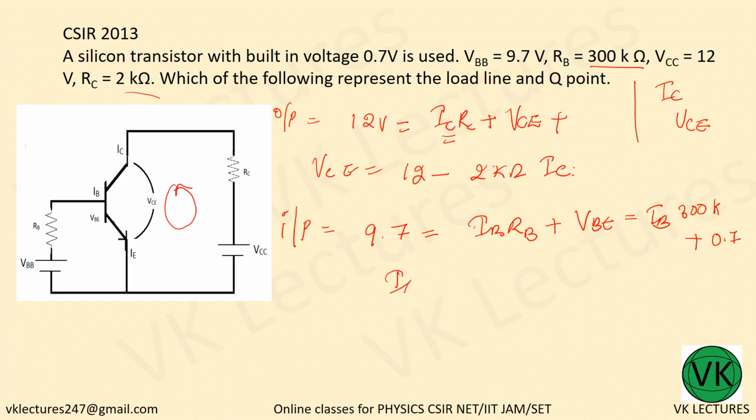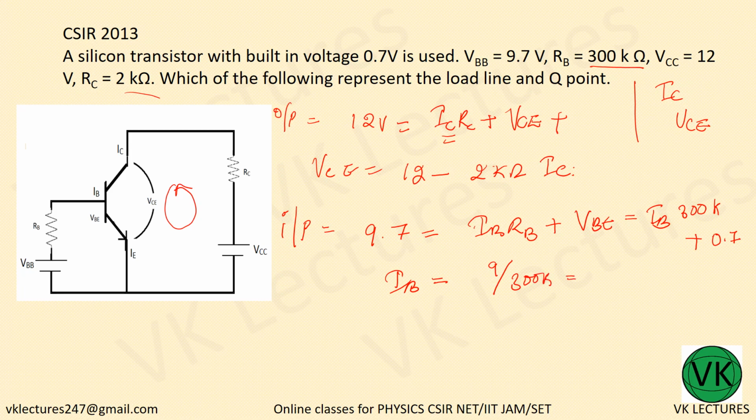So IB is equal to 9 divided by 300 kilo.